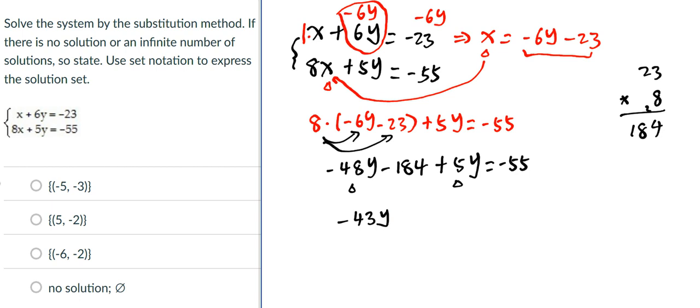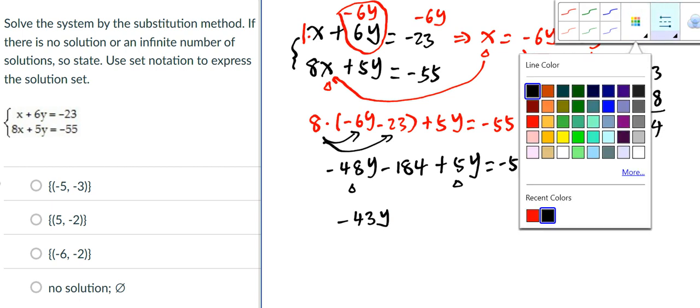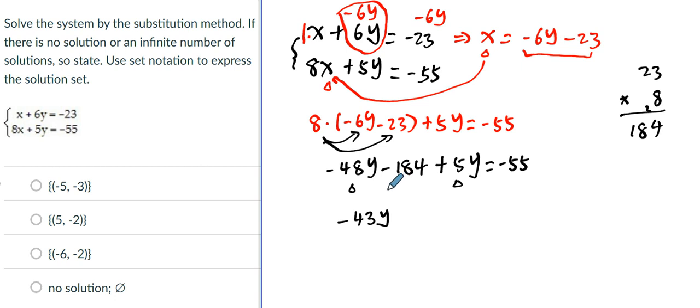Now, at the same time, if both sides plus 184, then those two will be cancelled.